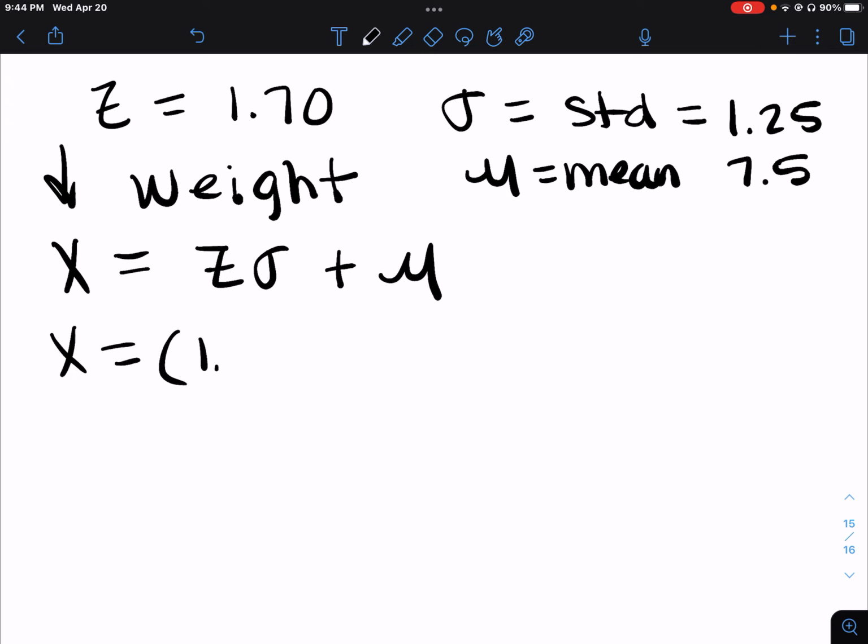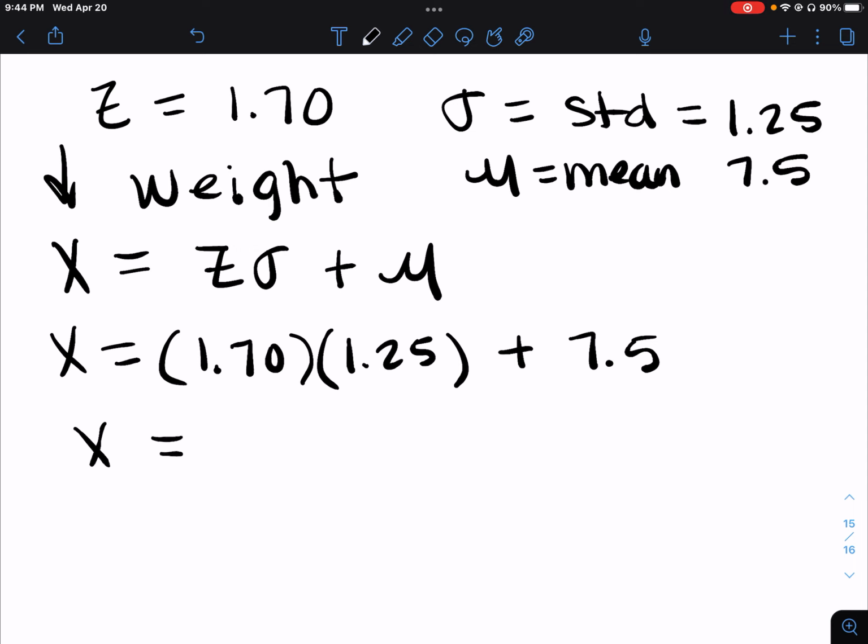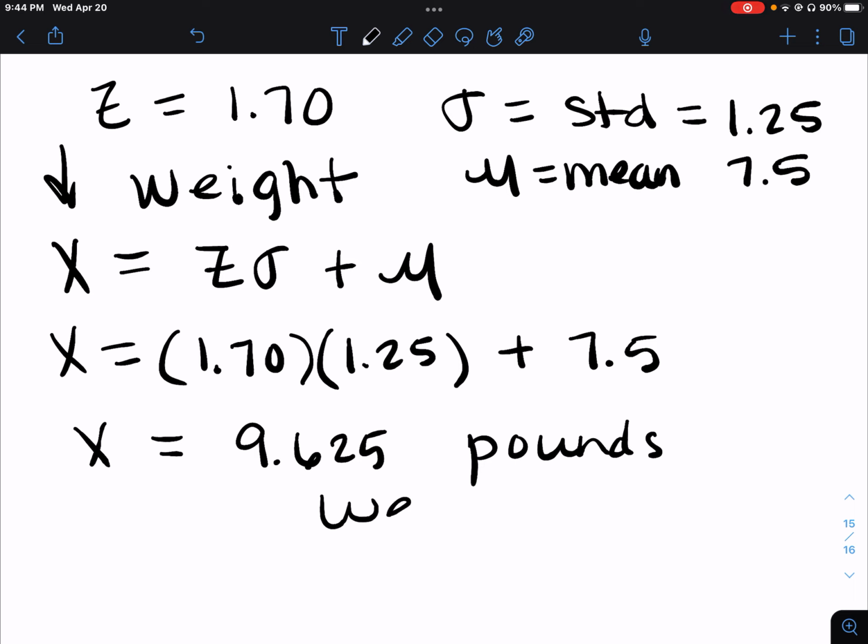We found Z using the percentile. We were given this and given this. Multiply and add, and that is the actual weight, the real value. And that's the end of our review.